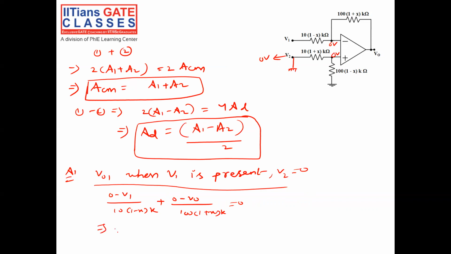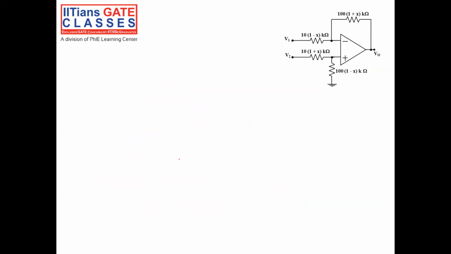This implies V0 is equal to minus 100 into (1 plus x) divided by 10 into (1 minus x), times V1.